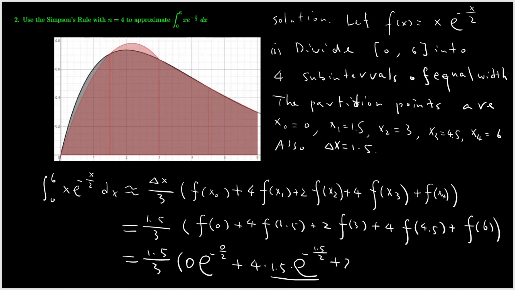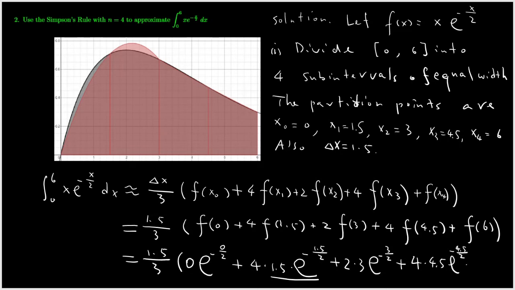And then plus 2 times the value of the function at 3, 3 times e to the power of negative 3 over 2. Then plus 4 times the value of the function at 4.5, which is 4.5 e to the power of negative 4.5 over 2.